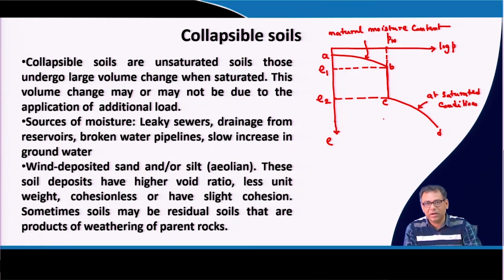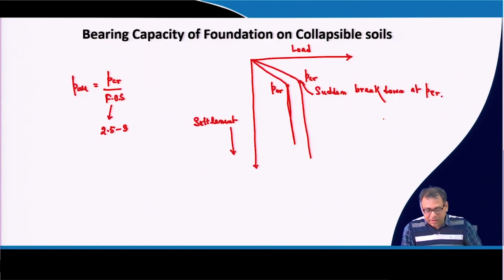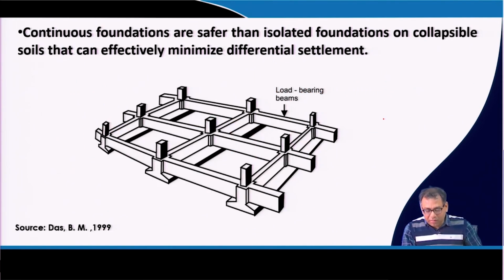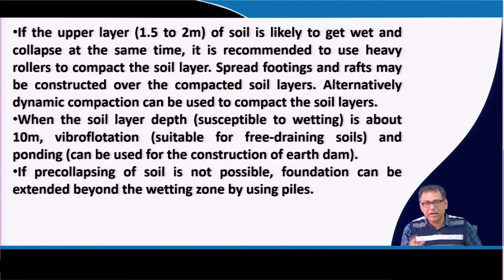That means the sudden collapse, or sudden void ratio and volume change increase, will not happen. So either we can compact the soil, or we can saturate the soil, so that you get the collapsible volume change before the construction is started. These are the options.